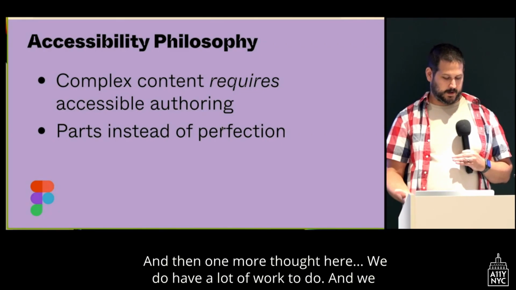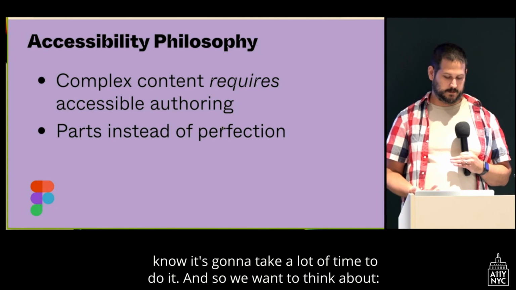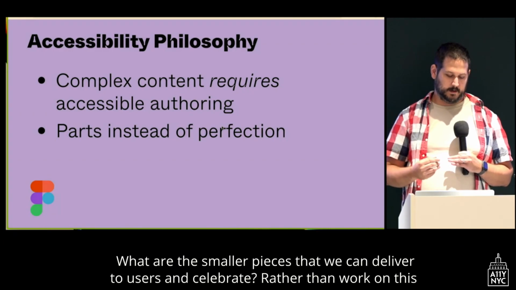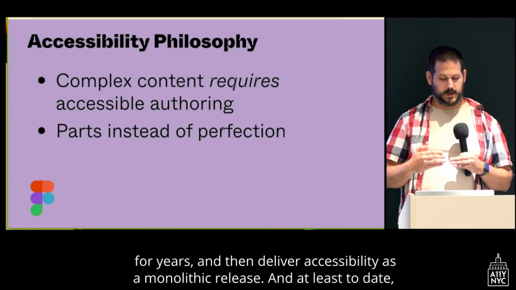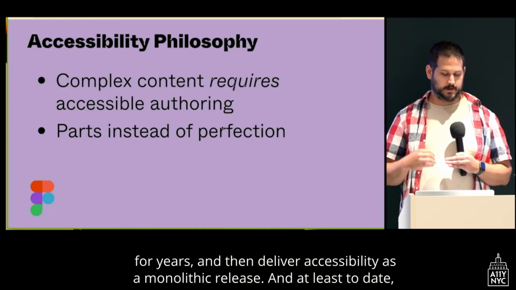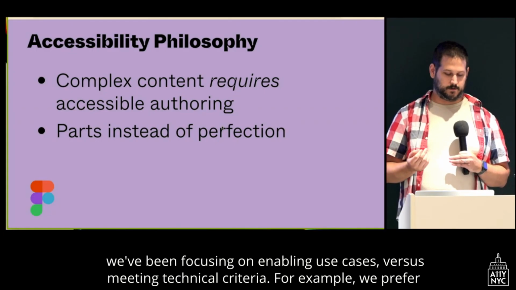And then one more thought here. We do have a lot of work to do, and we know it's going to take a lot of time to do it. And so we want to think about what are the smaller pieces that we can deliver to users and celebrate, rather than work on this for years and then deliver accessibility as a monolithic release. And at least to date, we've been focusing on enabling use cases versus meeting technical criteria.